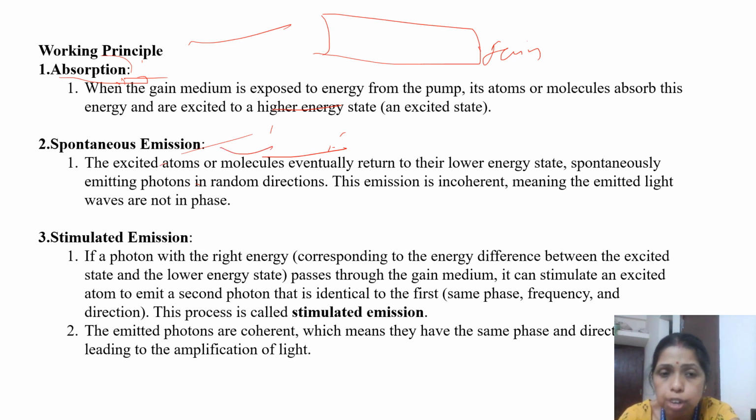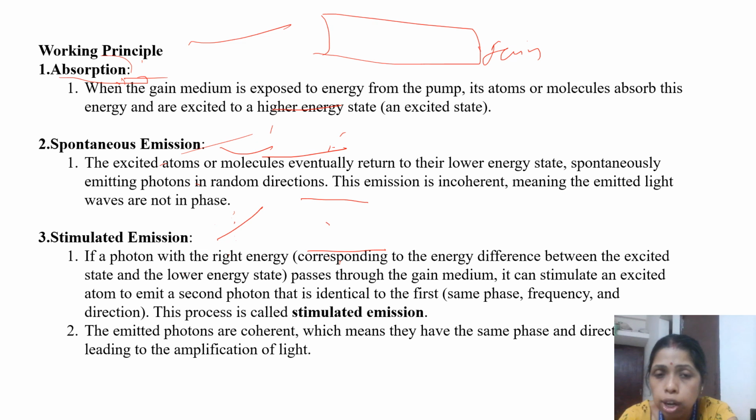But this phenomenon also happens inside the laser. Along with it, the stimulated emission also happens. For the stimulated emission, we have to create the gain media and the population inversion. The stimulated emission I already told. Suppose one photon is going back to the ground state. This photon will not go to the ground state.